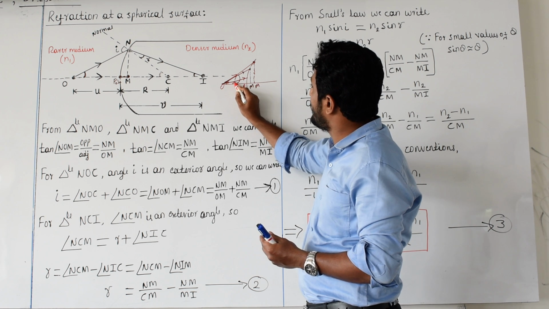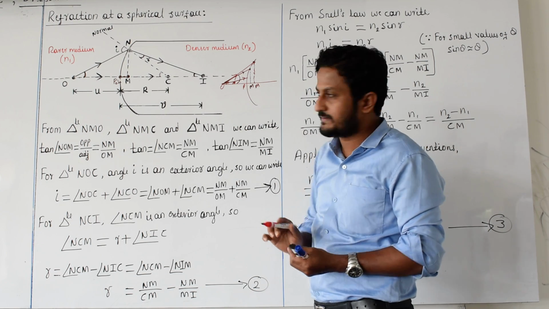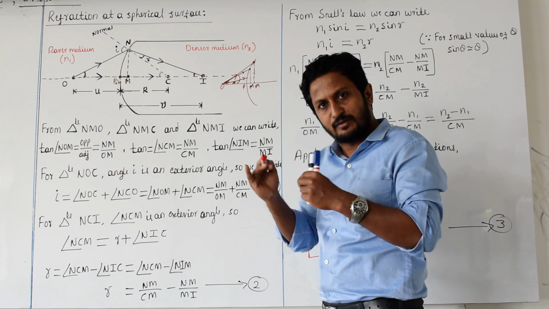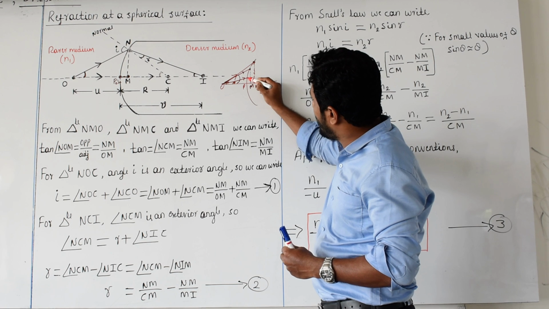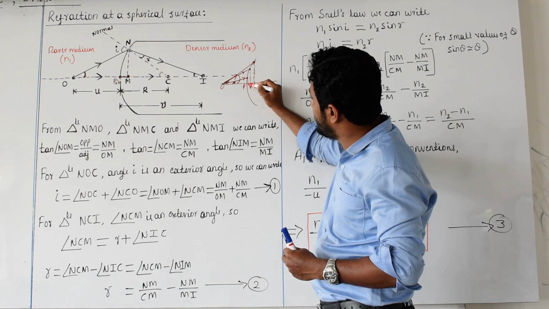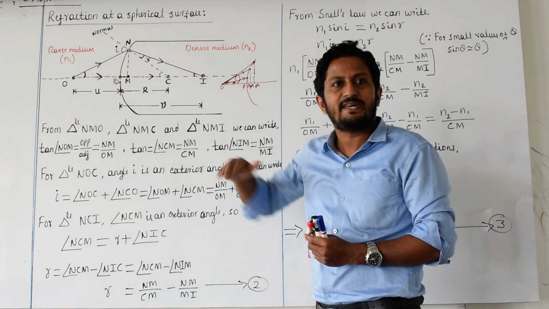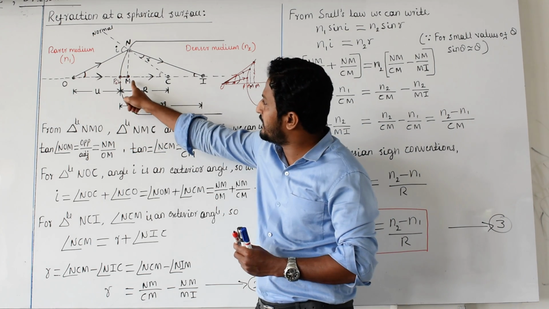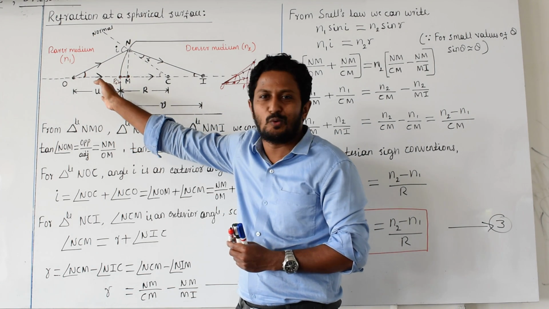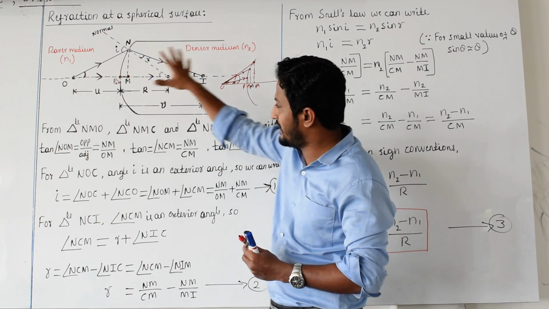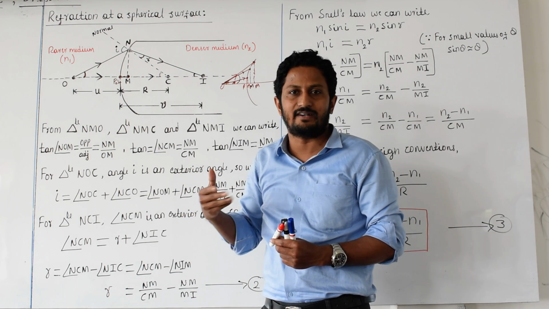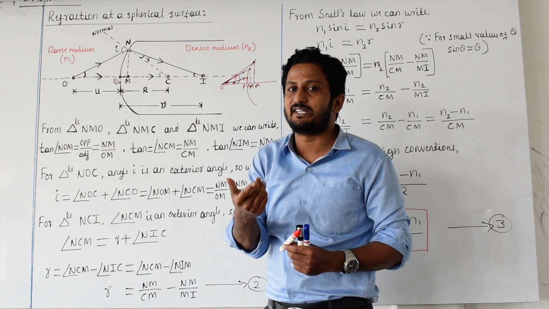this is theta now. Theta is less. As theta becomes small, that point M shifts towards P. This point M is shifting towards the pole. This entire analysis, we treated for small values of theta.